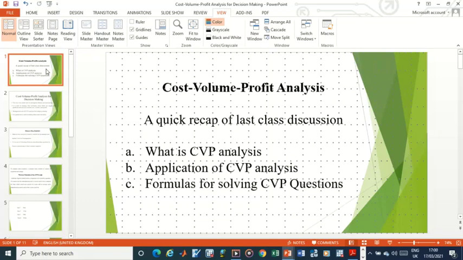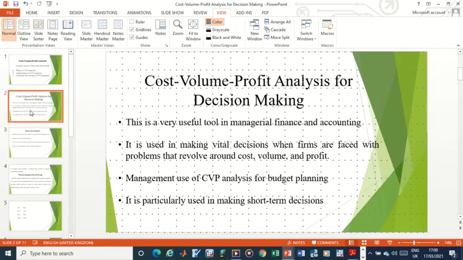So today we are going to be discussing CVP analysis for decision making. As you know that CVP estimates how much changes in a company's cost, sales volume, and price affect a company's profit.